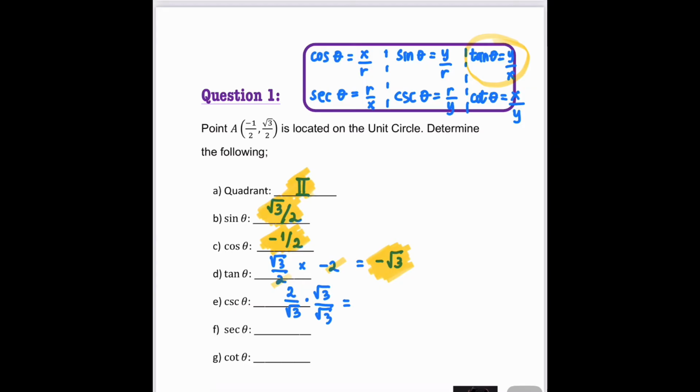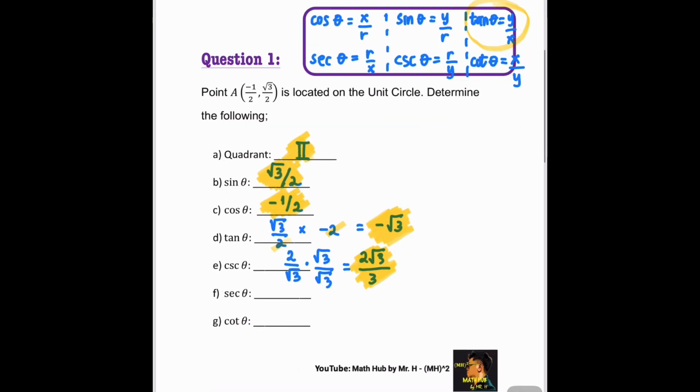So 2 times square root of 3 is 2 square root of 3, divided by square root of 3 times square root of 3, which is square root of 9, which is 3. So that is the answer.